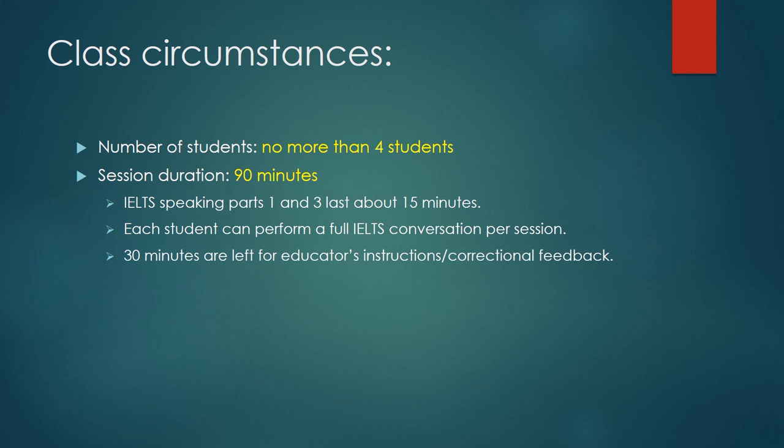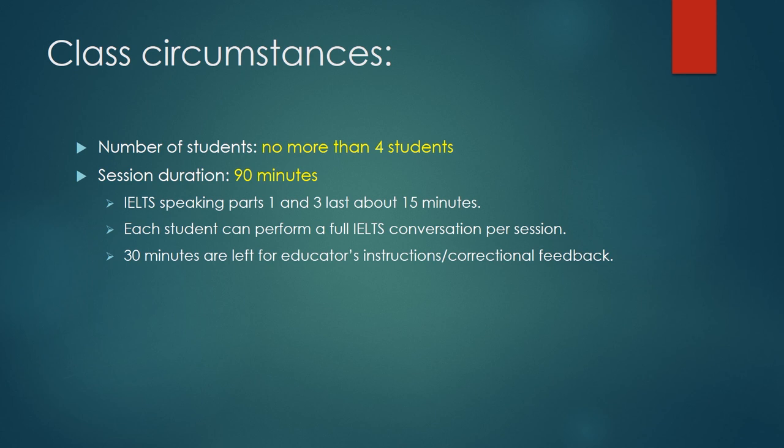When it comes to class circumstances, we do not accept more than 4 students in each class, basically because we expect our students to have full time to perform at least one actual IELTS speaking test in each session. Classes in Iran are no longer than 90 minutes.